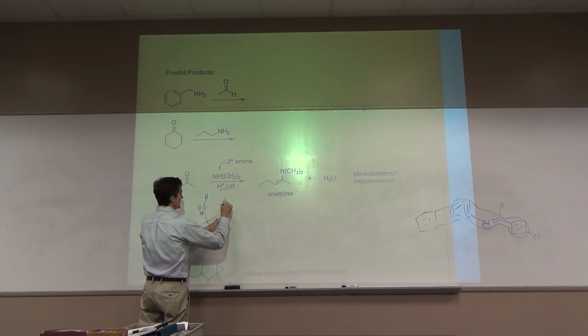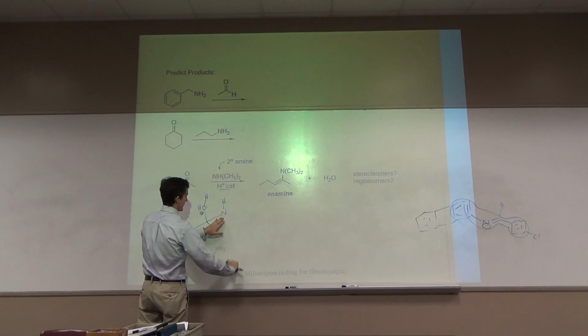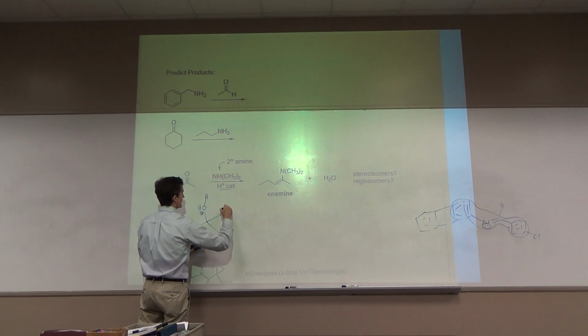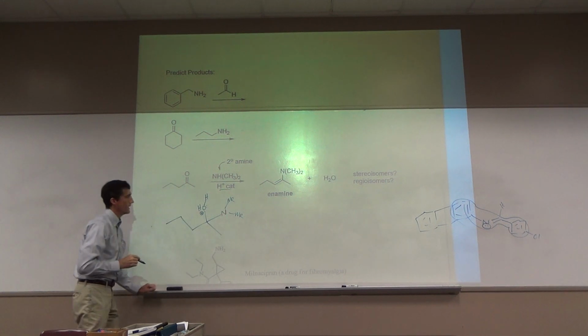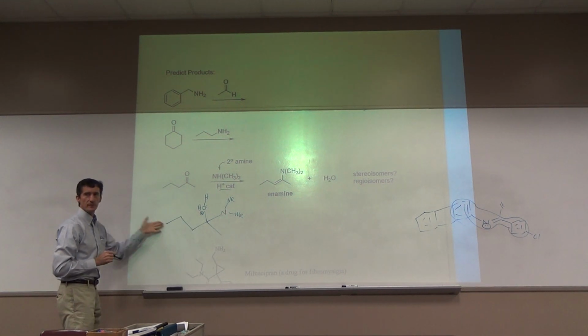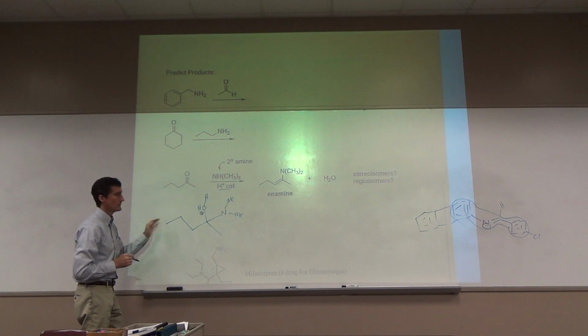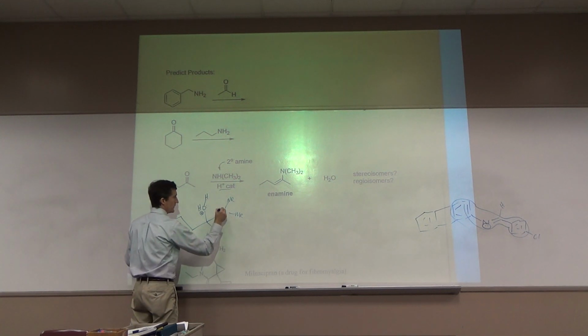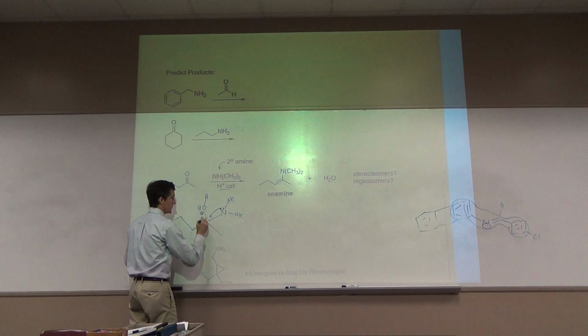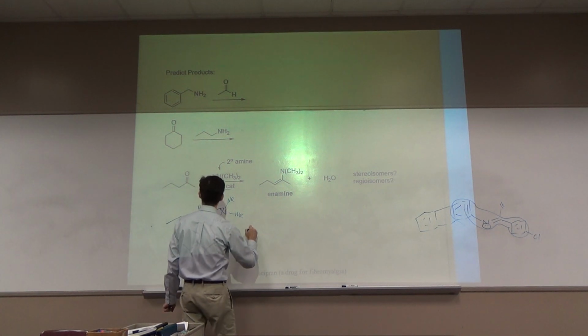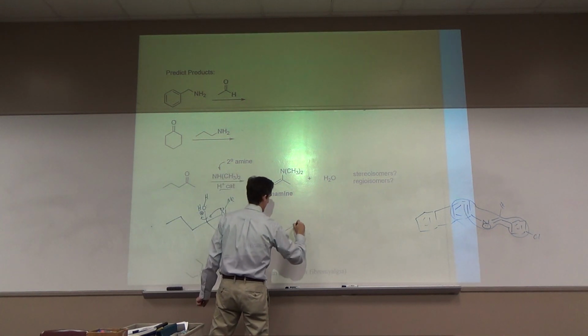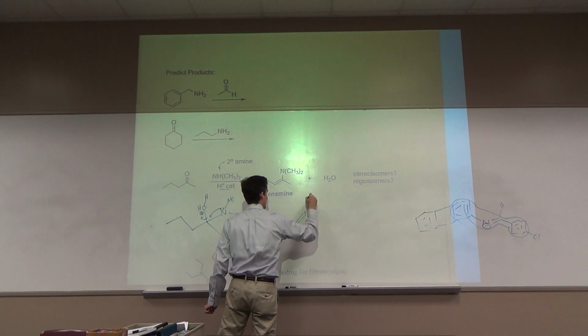We got an H. We're actually going to have two methyls here. You should be able to make it up to this point. At this point, we're going to kick off the water. Double bond with two methyls.